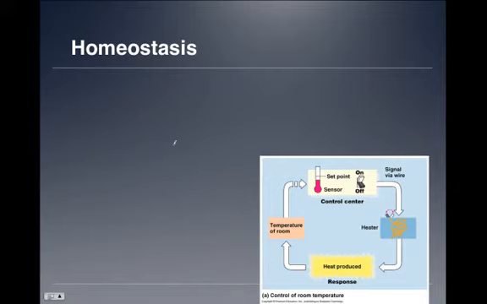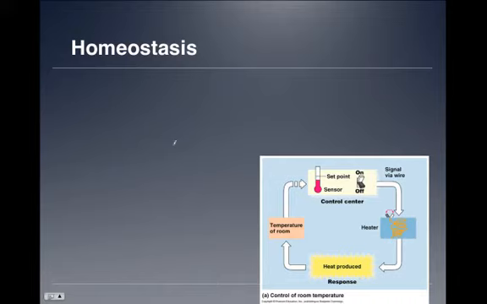So when we talked about all the requirements for living organisms, the quantities of those requirements are oftentimes maintained at a steady state. And this is important, especially when we talk about human anatomy and physiology. And so this steady state, or state of sameness, is what we call homeostasis. And literally the term homeostasis means state of sameness.